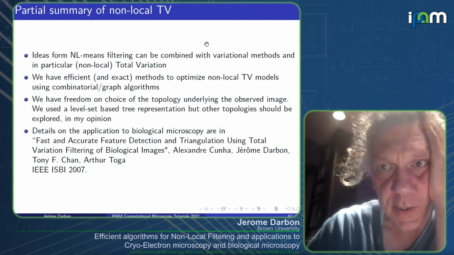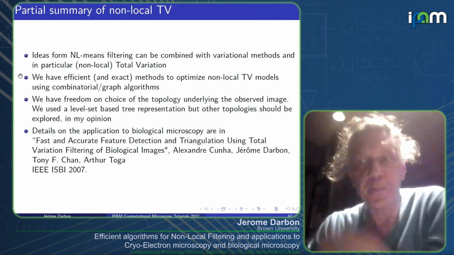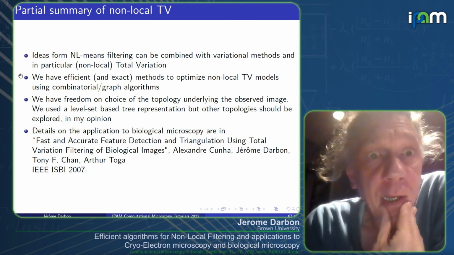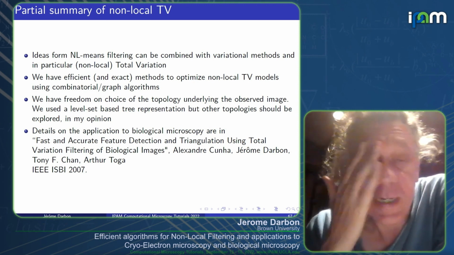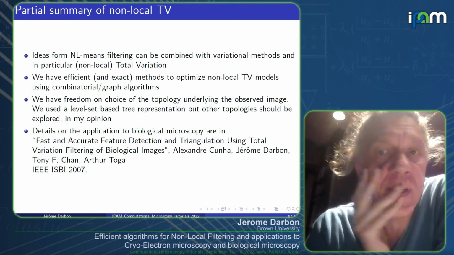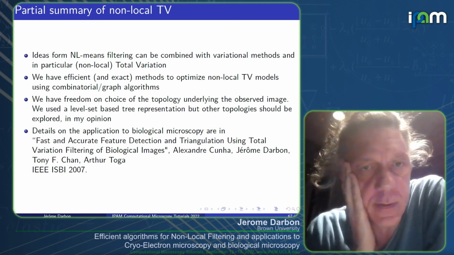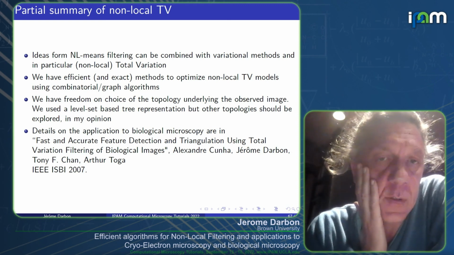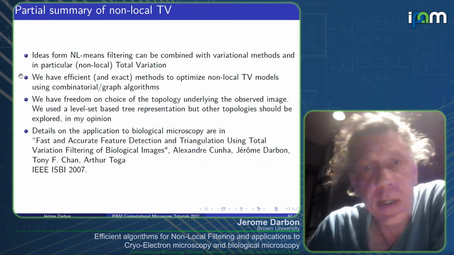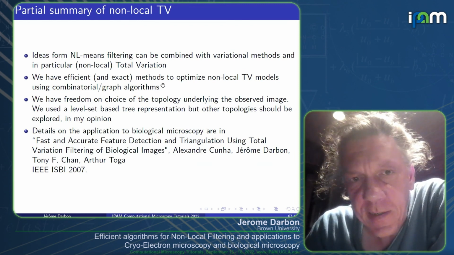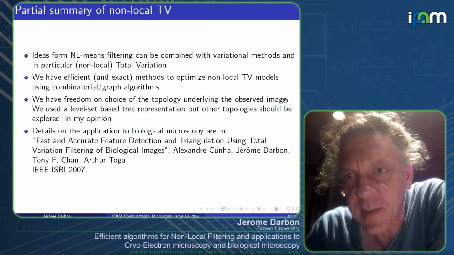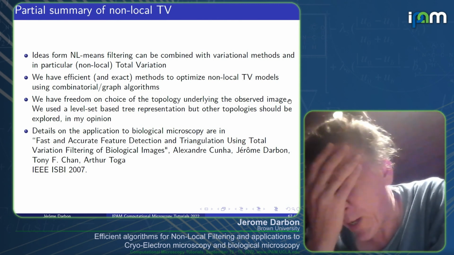And let me conclude this part here. We can effectively combine ideas of non-local means with the variational methods for TV, and we have a super efficient algorithm to minimize all those non-local total variations. I still believe that changing the topology for the task of interest is a great way to think.